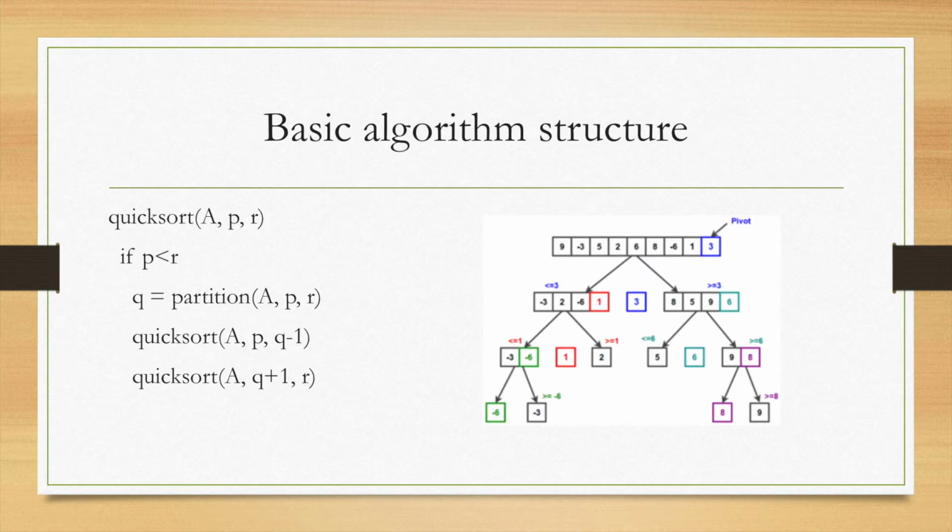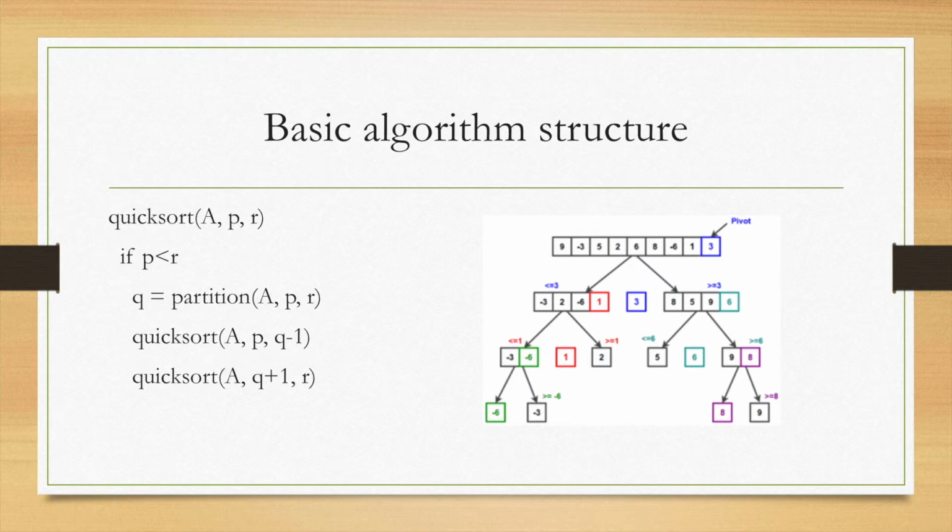And then for each part, we do similar operations for this quicksort. For example, for the first part, the last element is 1, marked in red, and then we also split that part into smaller than 1 and greater than 1, until all the elements are sorted.